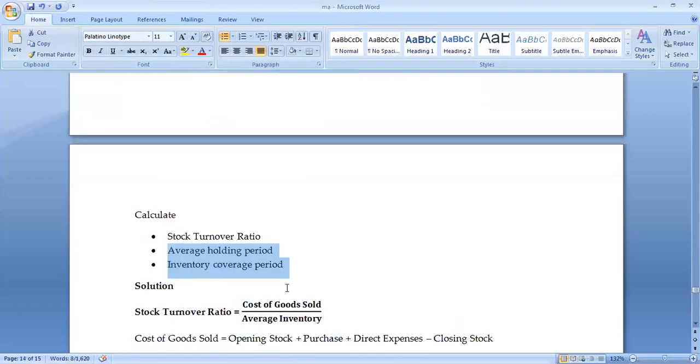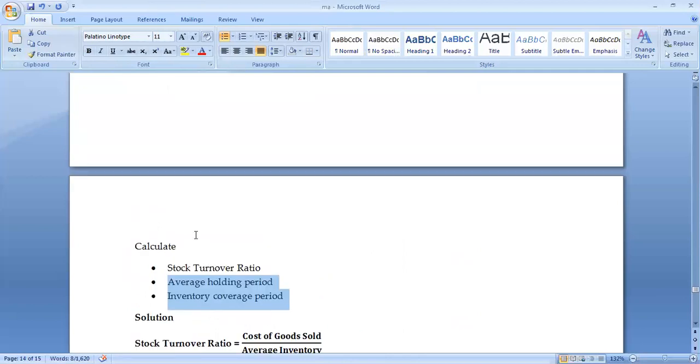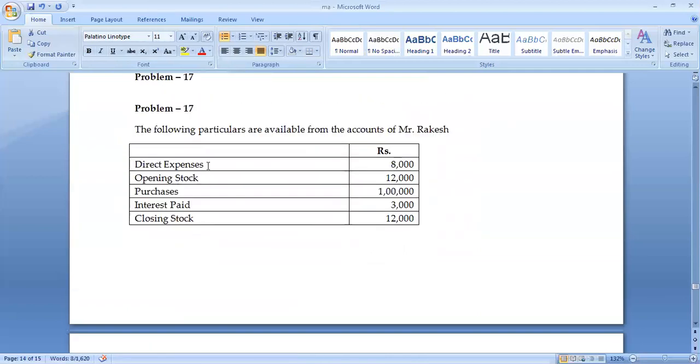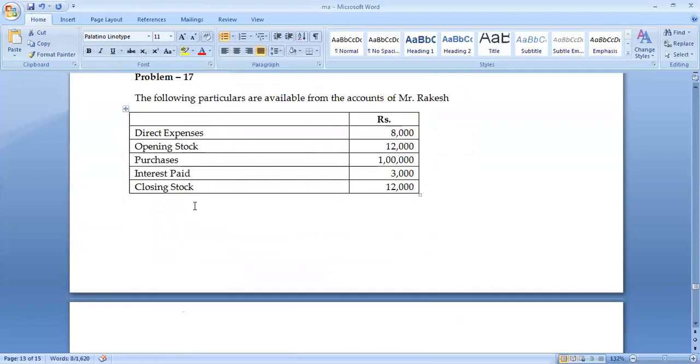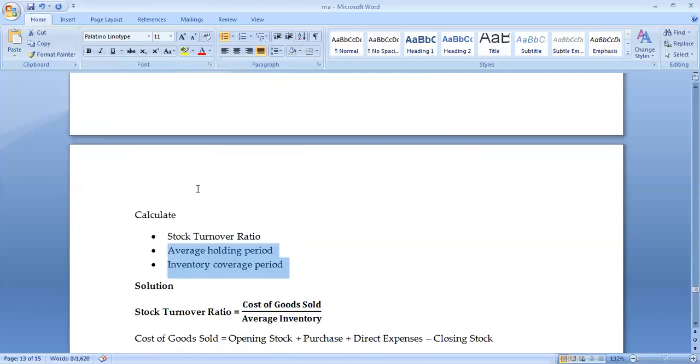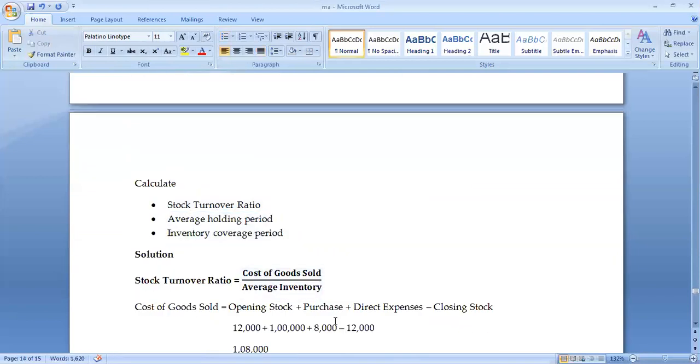Now see here, what do we need? Cost of goods sold. The cost of goods sold includes the opening stock, purchases, and any direct expenses, less the closing stock. Whenever there are direct expenses, indirect expenses will not be considered.